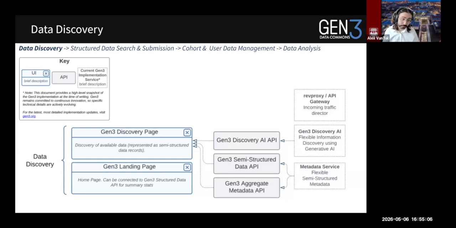There are, however, some AI services available today that we built a little over a year ago. One of them is the Discovery AI. I don't think it's in any of the commons that were displayed, but the idea was, you've got that free text search box, could you have some kind of similarity search that helps people find data of interest? So that's one of the available services as well.